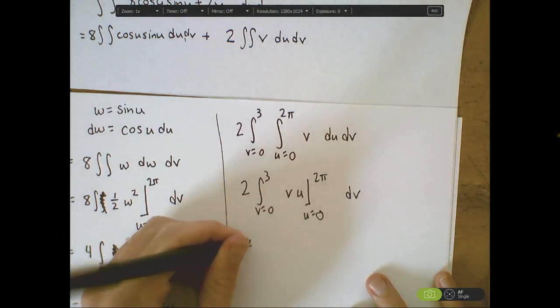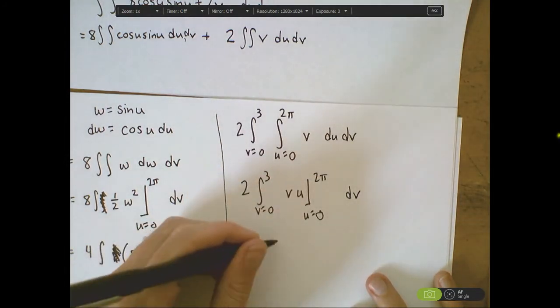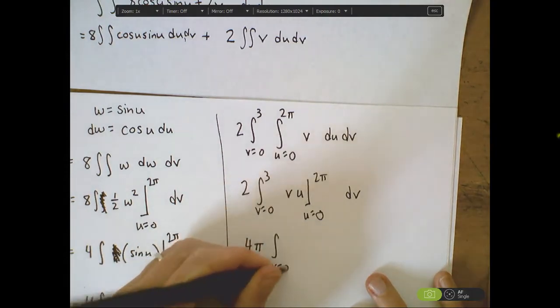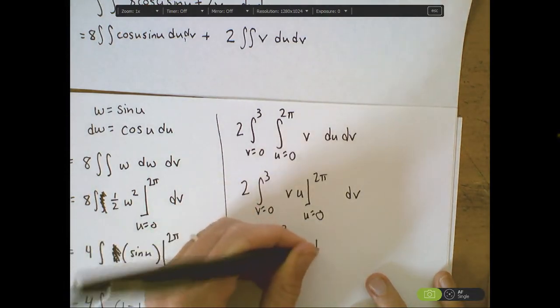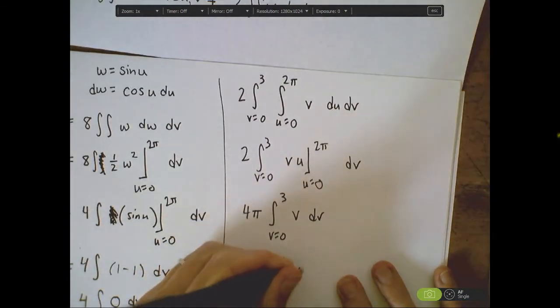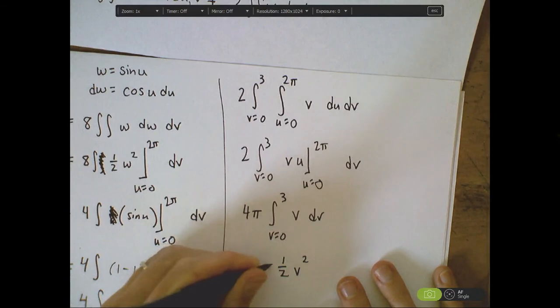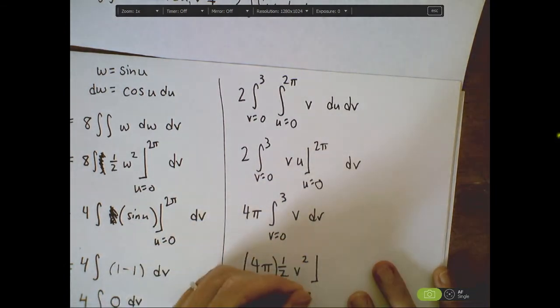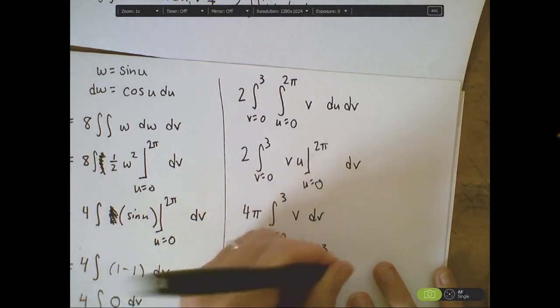So I'll pull that out front and get 4 pi, the integral from v equals 0 to 3 of v dv. Integrating v, I get 1/2 v squared times 4 pi, evaluated from v equals 0 to 3.